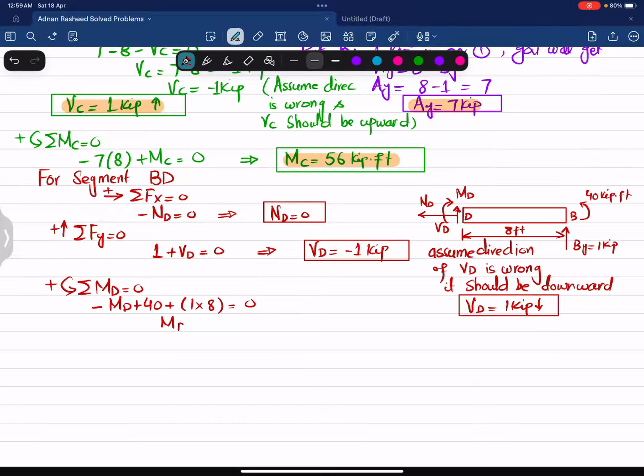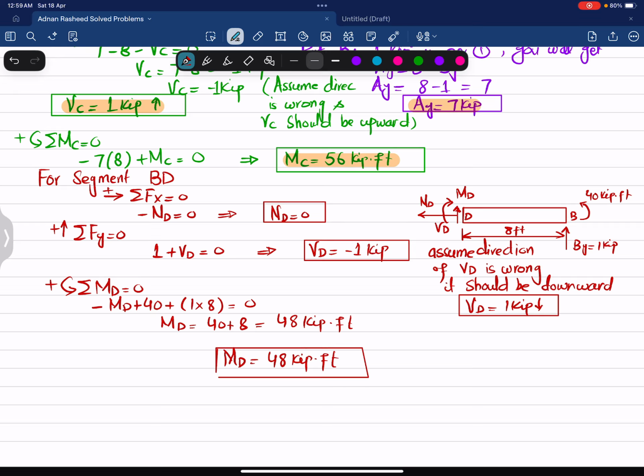So it means that MD will be equal to 40 plus 8, and that will be equal to 48 kips into feet. So MD is 48 kips into feet.